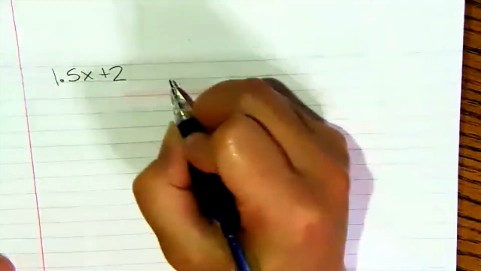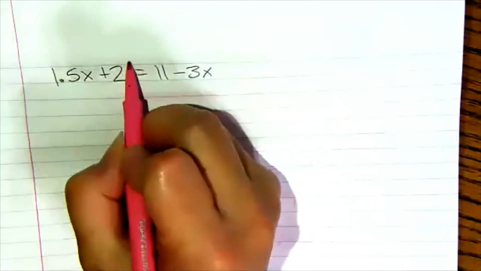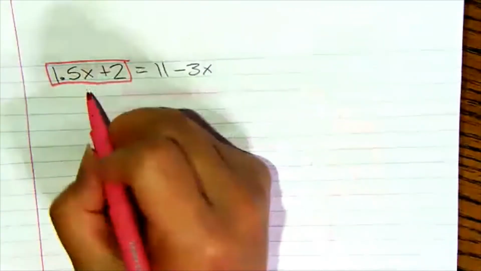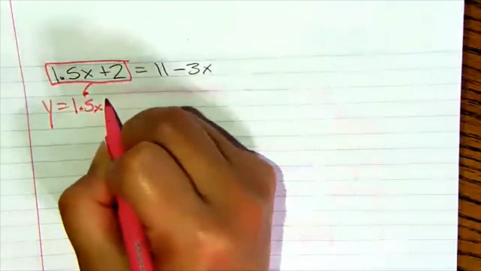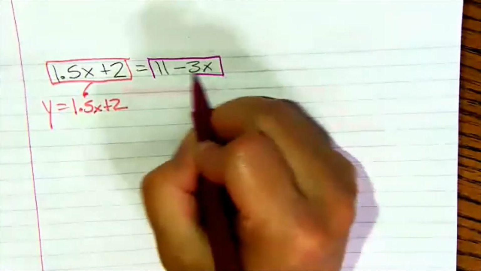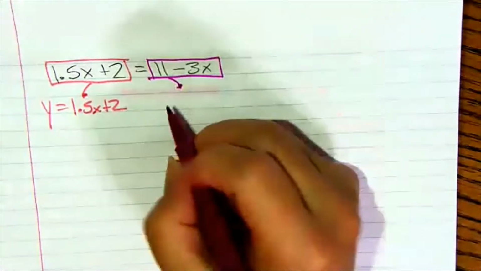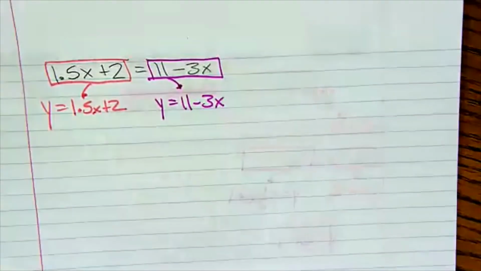The book has given us 1 and 5/10 x plus 2 equals 11 minus 3x. So the first thing I need to do is take this expression and turn it into an equation. y equals 1 and 5/10 x plus 2. And let's take this expression and turn it into an equation. y equals 11 minus 3x.